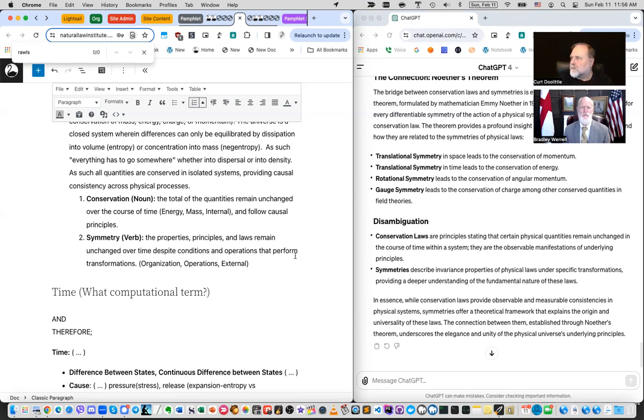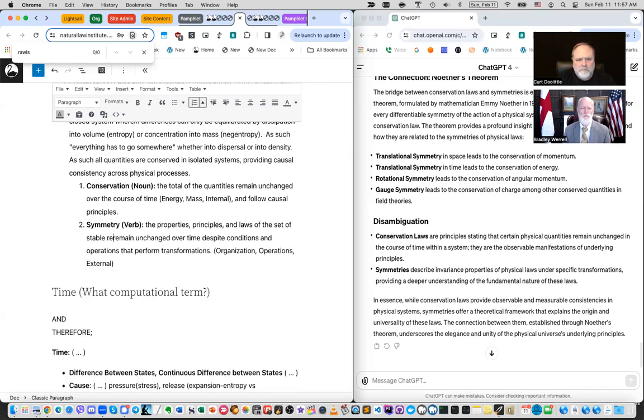I'm going to have to say the object or entity. Stable relations, the set of stable relations. They're stable, I put it in there, right? Yes, you did.